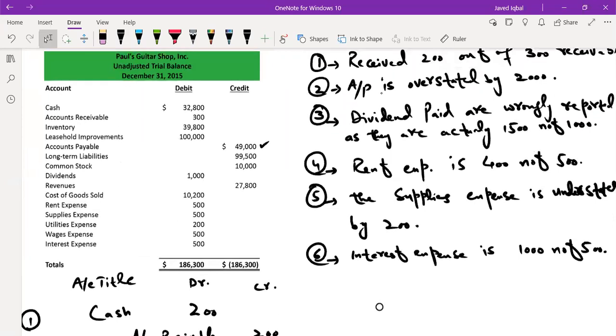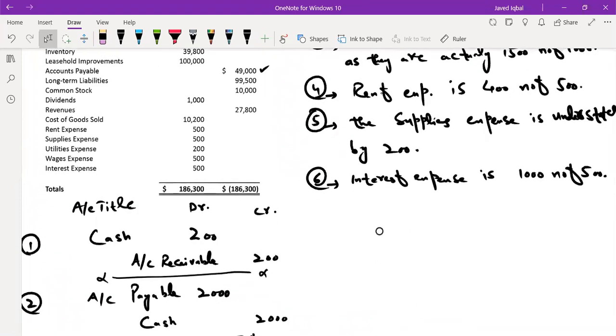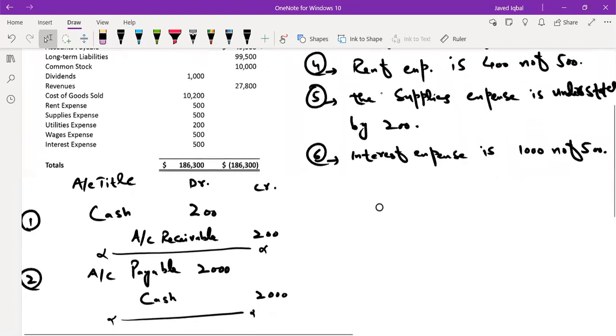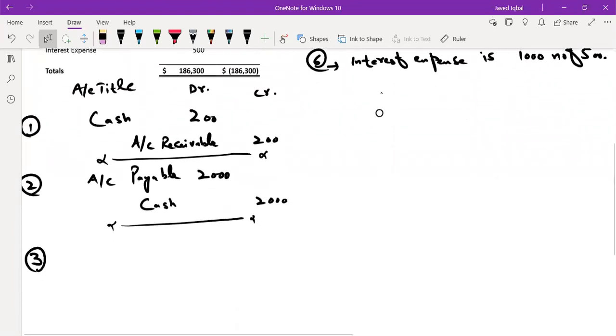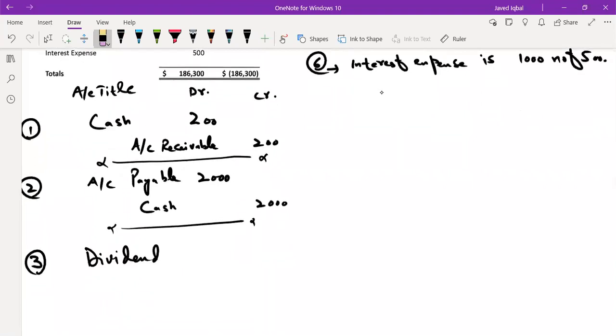Okay, so third transaction states that dividends paid are wrongly reported, as they are actually 1500, not 1000. So the dividend record is showing that it was 1000 and it wasn't 1500. Dividends are normally not an expense, but since he has written it as just dividends and has not reported it as an expense, we'll be using the similar nomenclature.